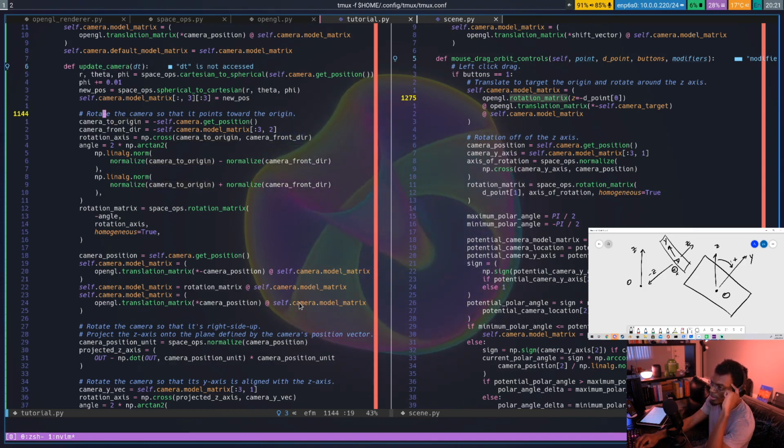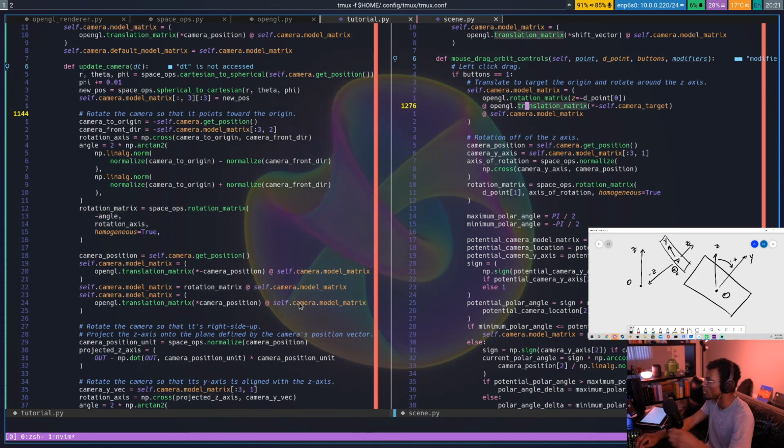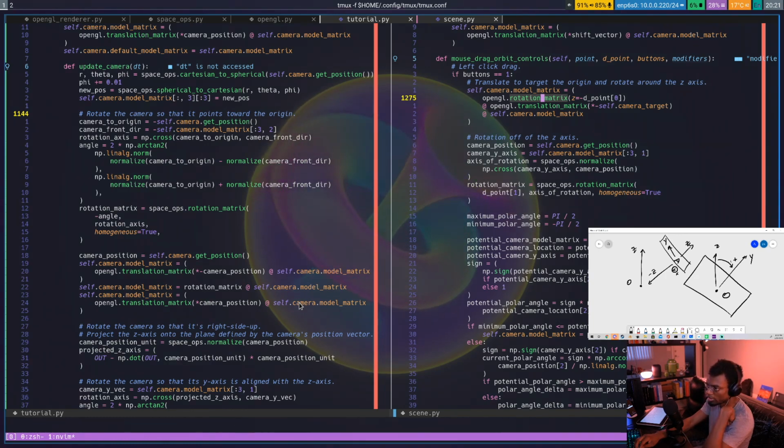Would that work, though? How do I do it here? I did a translation to the point and then a rotation, and then presumably a translation back later on.